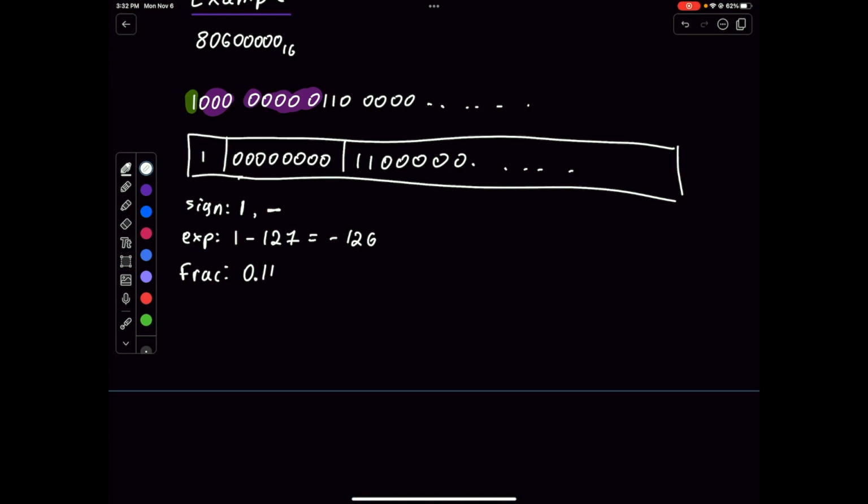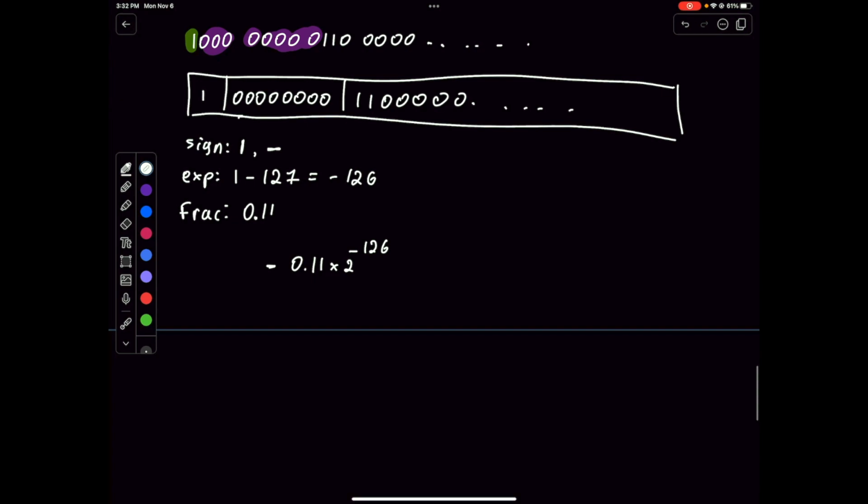And now what we know here is that we have negative 0.11 times 2 to the power of negative 126. If we calculate it, we're going to get our decimal value that is extremely small.